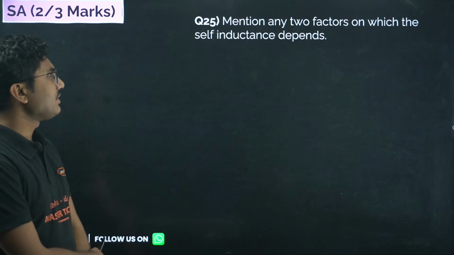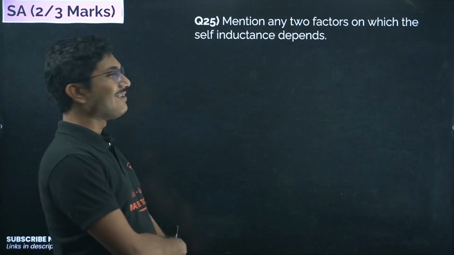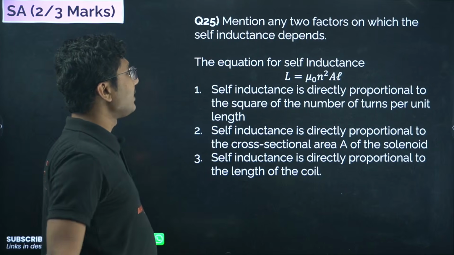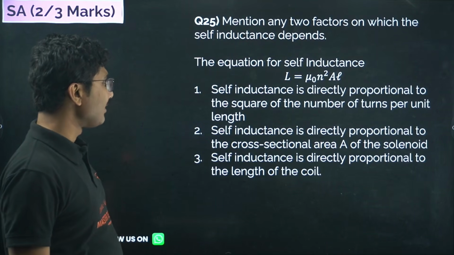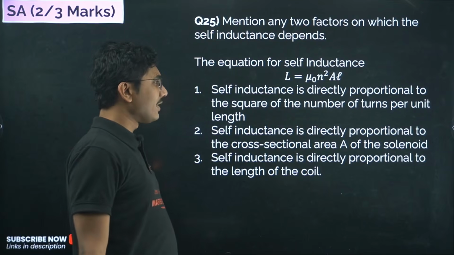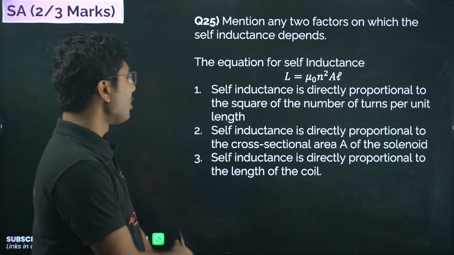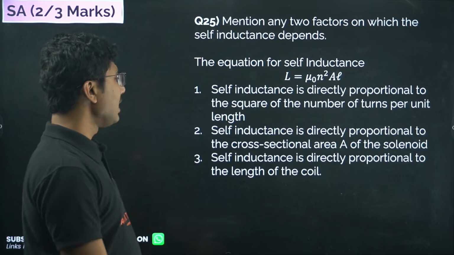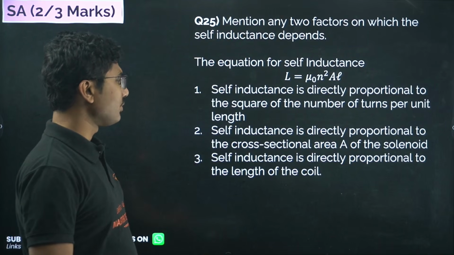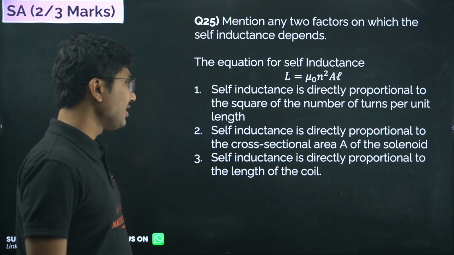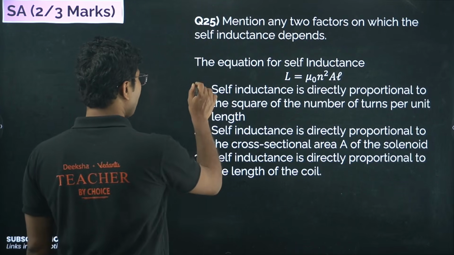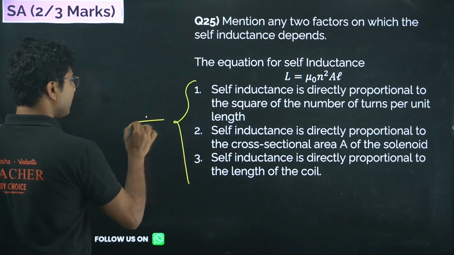Next, mention any 2 factors on which the self-inductance depends. Self-inductance is directly proportional to the square of the number of turns per unit length. It is directly proportional to the cross-sectional area of the solenoid. It is directly proportional to the length of the coil. Here, remember that you can mention all of them as: it depends on the geometry.